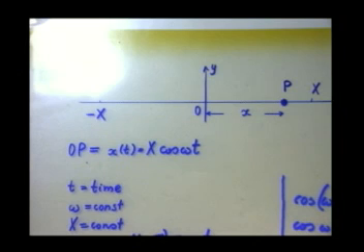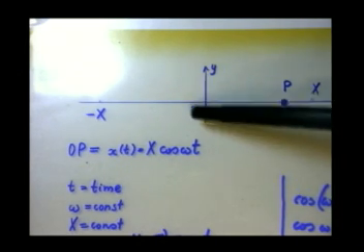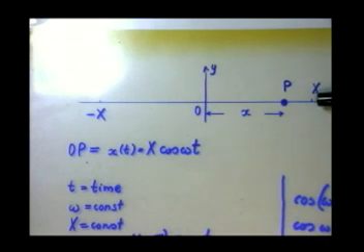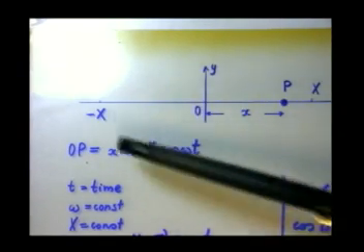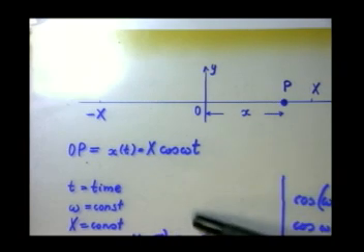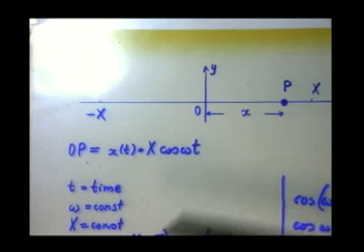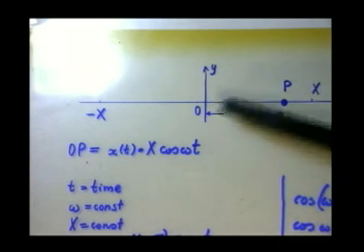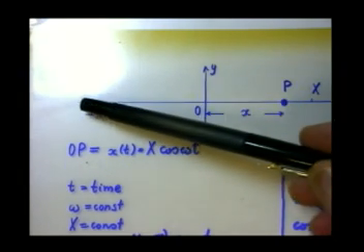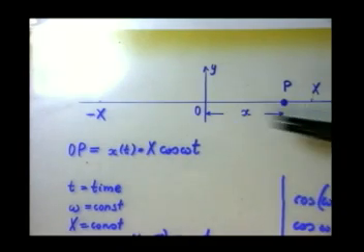It means that the maximum value from point O can be big X. It can get to this point, and it can get to the left-hand side to minus capital X, because cosine omega t varies between -1 and +1. So this point is moving here and then back to minus X and again back to X, etc. That is how it moves.